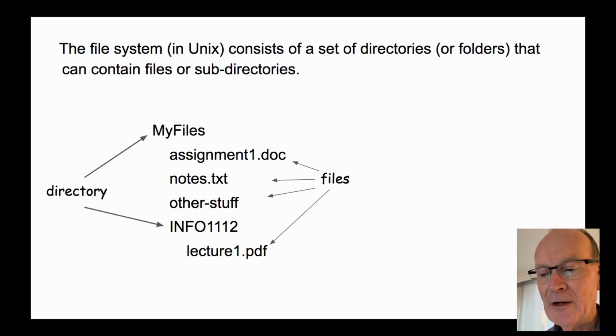And inside that we have another file, lecture1.pdf. And so this is a data structure which is stored on our mass storage, this folder and file structure. And at the lowest level, the files are data that's kept on the persistent storage.